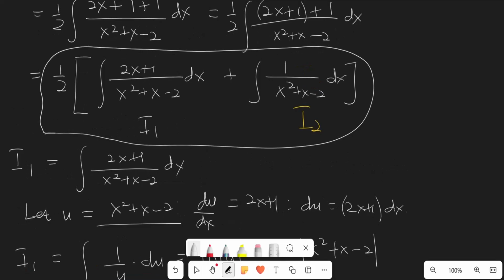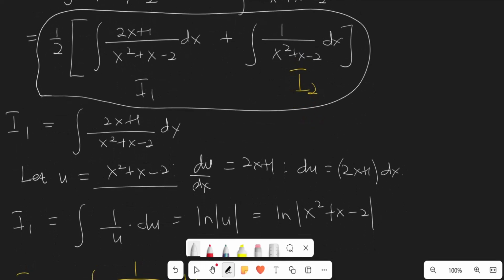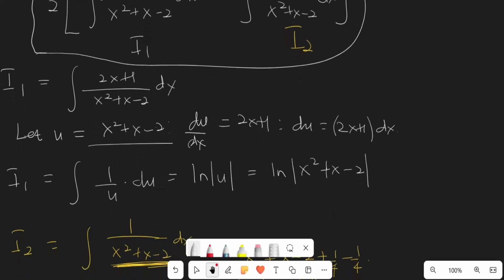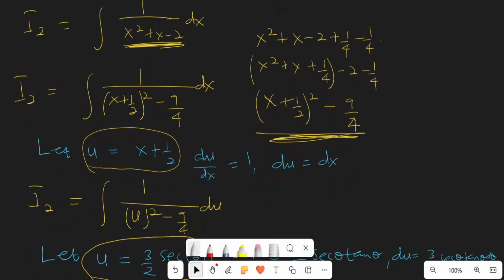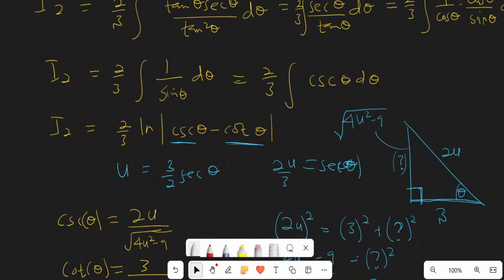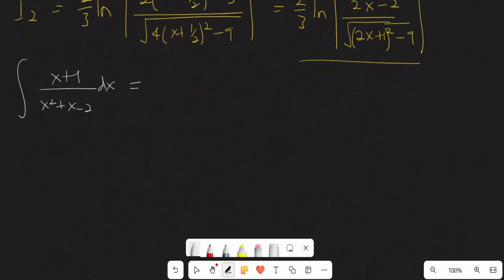So we take what I1 is and add that to the integral of I2, and multiply by half. So I1 was the natural log of x squared plus x minus 2.